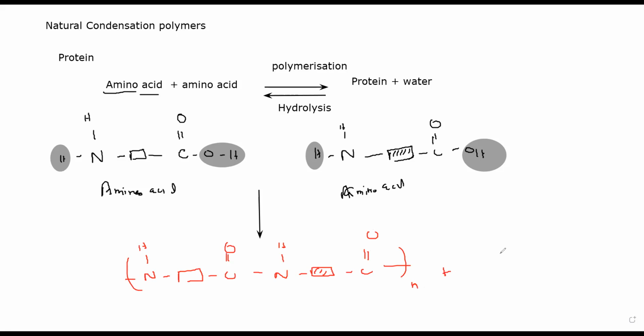If two molecules of amino acid, then it will give two water molecules. But if n molecules of amino acid 1 and 2, then it will give 2n H2O. And the opposite is valid as well: hydrolysis of the protein can form these amino acids.